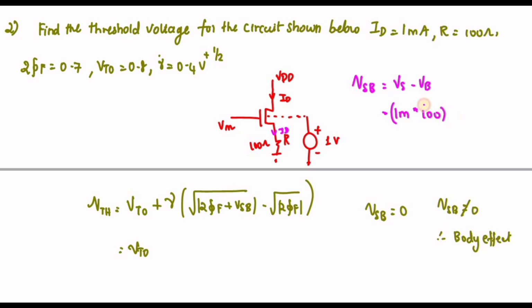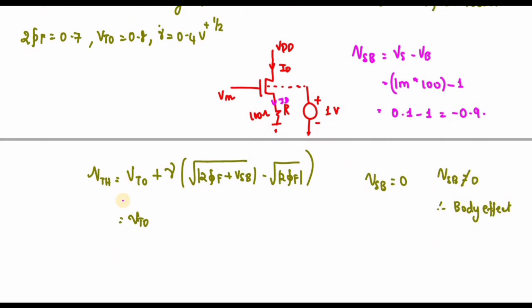Minus, what is VB? VB is 1 volt. So we get 100 into 1 milli, which is 0.1, minus 1, that is minus 0.9. So this is your VSB. Since it is not equal to 0, you have a body effect.